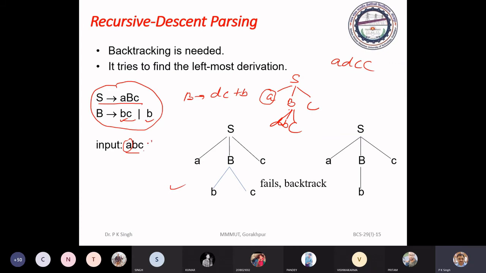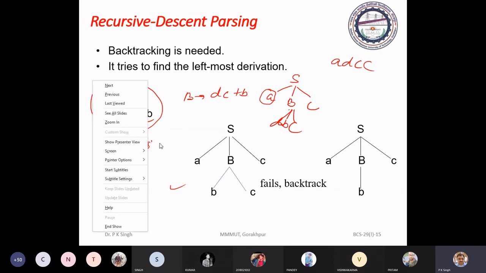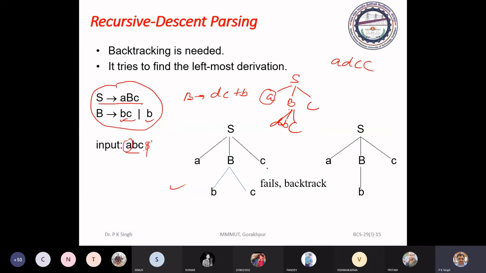After that it has the termination of the string. String is terminated, but there is one more symbol, this C. So your parsing fails because your parser had generated the string A, B, C, C, but the string to be parsed is A, B, C. So what do we do?